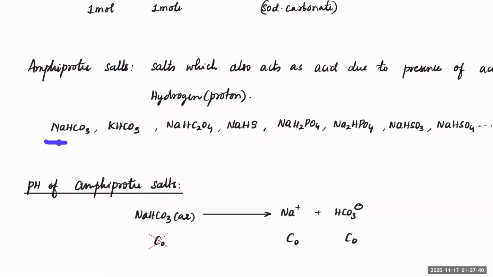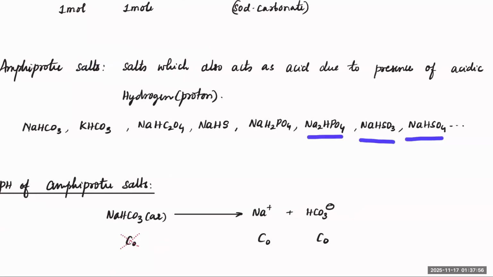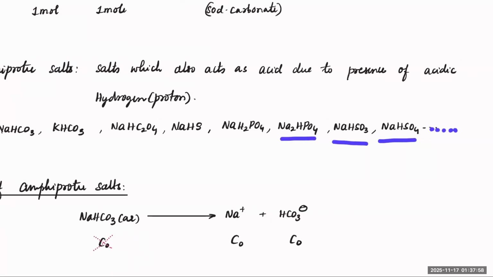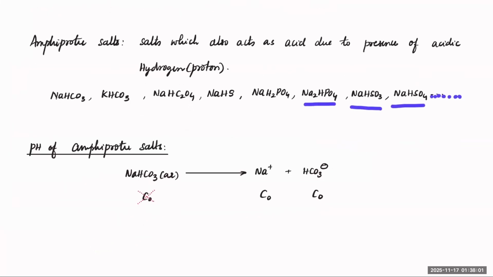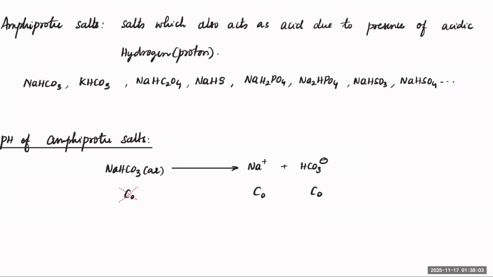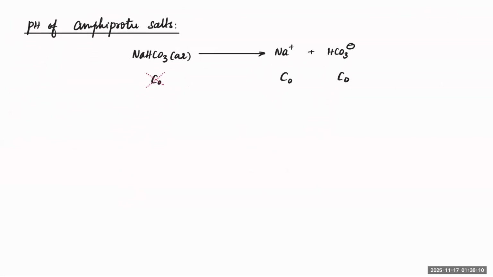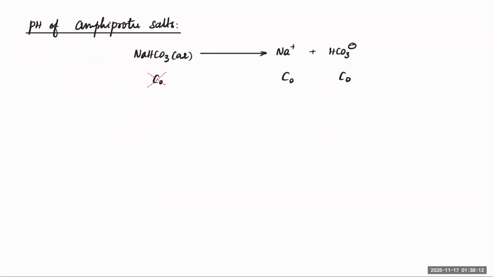Now notice sodium bicarbonate, potassium bicarbonate, sodium bioxalate, sodium bisulfite, sodium hydrogen phosphate, disodium hydrogen phosphate, sodium hydrogen sulfite, sodium hydrogen sulfate. All of these are amphiprotic salts, which means they have at least one hydrogen present, which can make them act like acids. Okay.